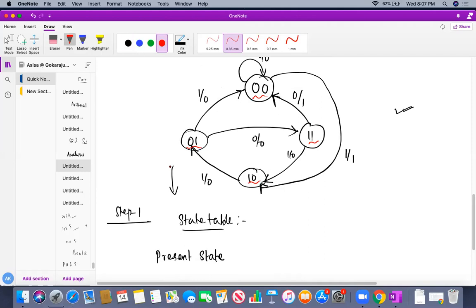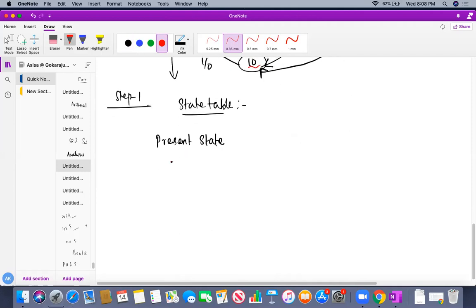Obviously the present states are two state variables, QA and QB. There are four states, 00, 01, 10, 11. These are my states actually, where this is QA and this is QB.